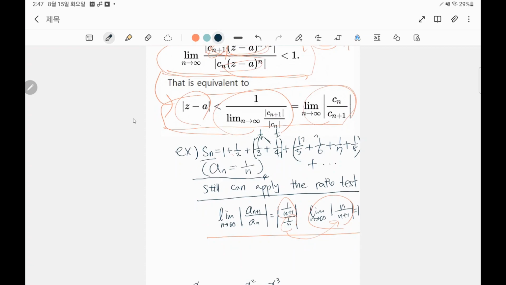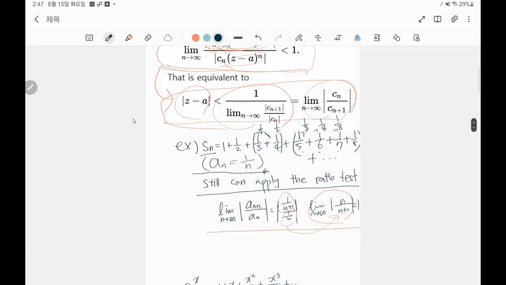Similarly, all these terms in front here, these 1/5s, are greater than 1/8 respectively. So there are four of them, which equals 1/2 also. If you keep doing this, you have 1/2, 1/2, 1/2, 1/2 to infinity. If you add 1/2 infinitely many times, that's just infinity, right? So this series actually goes to infinity, and we can know that by doing the ratio test.